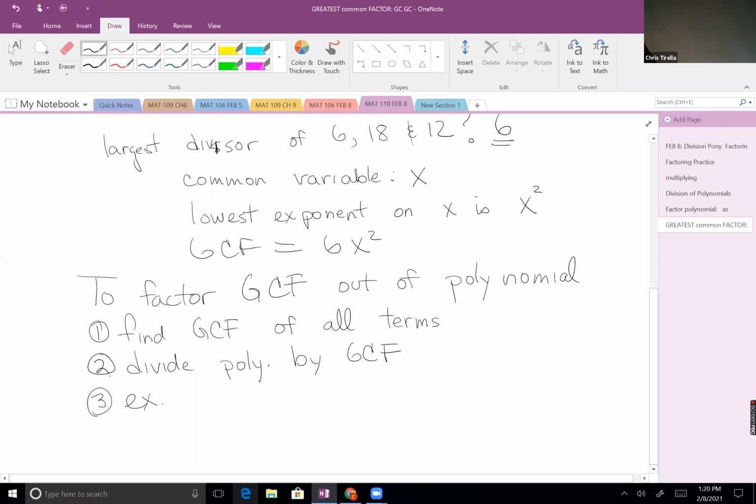And then we're going to express the polynomial as the product of the greatest common factor and the quotient.